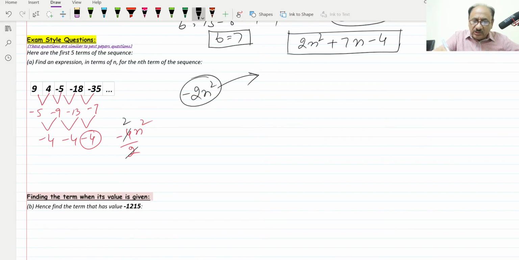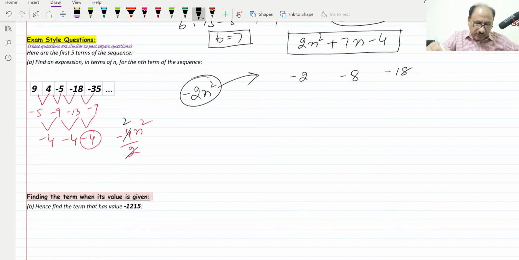So n is equal to 1, 1 square will be minus 2, and if we replace n is equal to 2, so 2 square will be 4, 4 into 2 will be 8, so minus 8 will be the second, and third one will be n is equal to 3, so 3 3s are 9, 3 square will be 9, 9 into 2 will be 18, so this will be minus 18. This is basically the difference formula which I am applying, so hopefully you understand this.